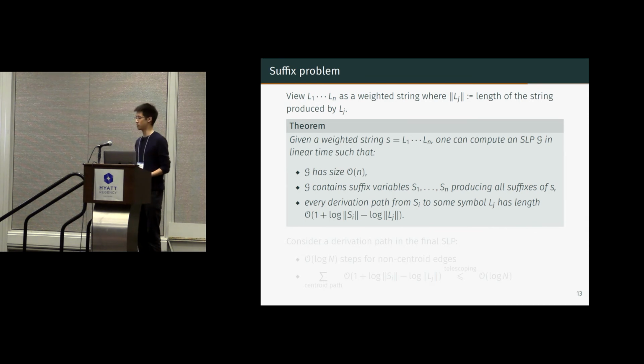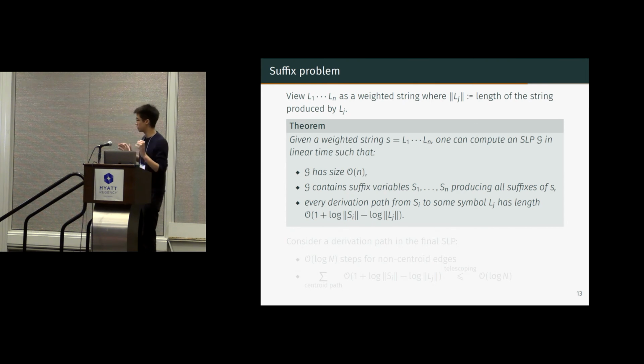The SLP has linear size, it has these suffix variables which produce the suffixes, and now if you consider a derivation path from a suffix variable si to some symbol lj, then the length is bounded by order of 1 plus log of the weight of the suffix variable minus log of the weight of the symbol.